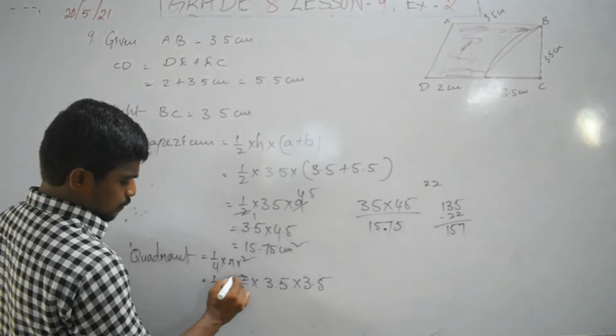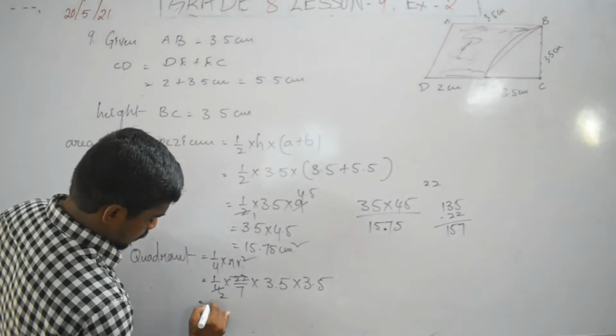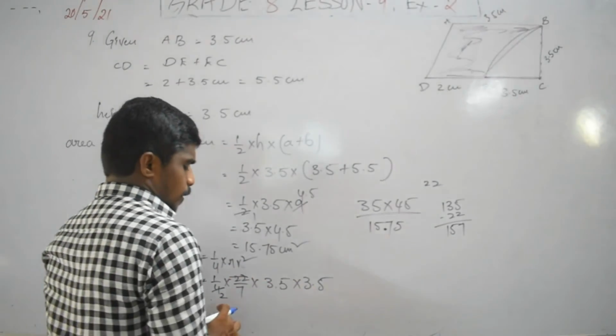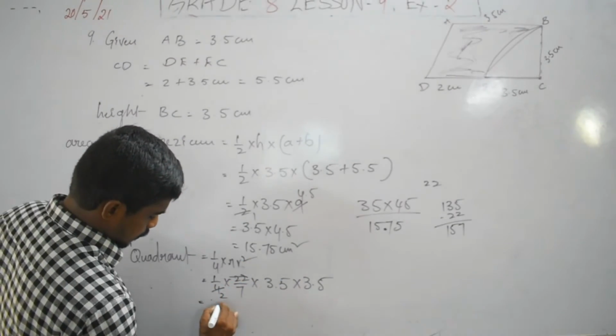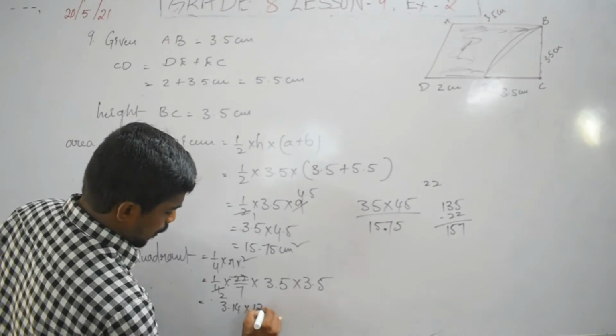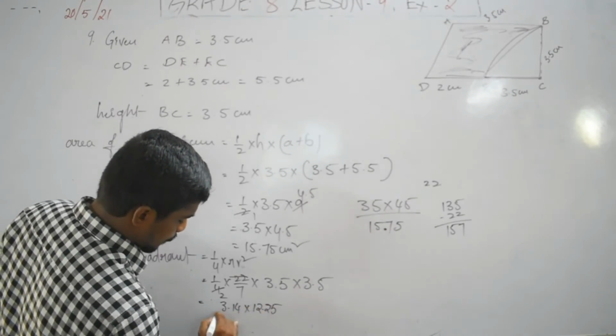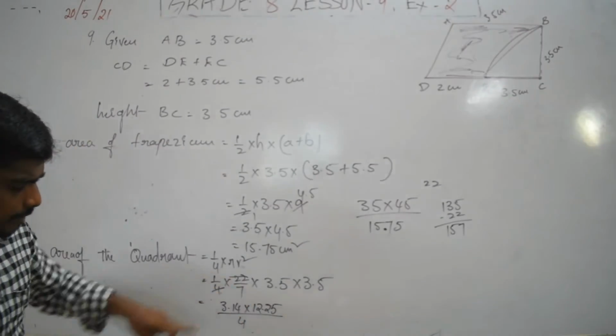2 2s are 2, 11. 1 by 4 times 3.5 times 3.5 is 12.25 by 4. Cancellation is not coming here.